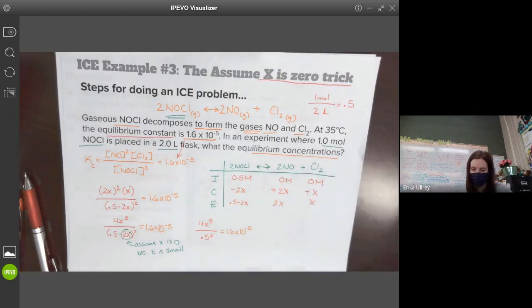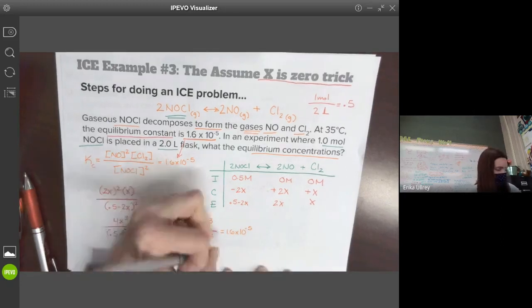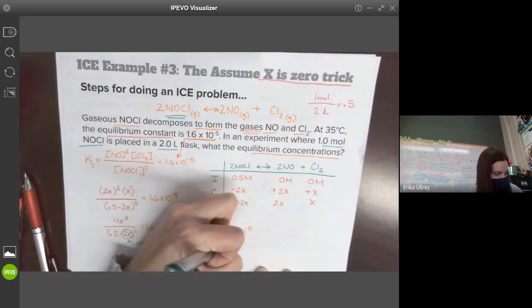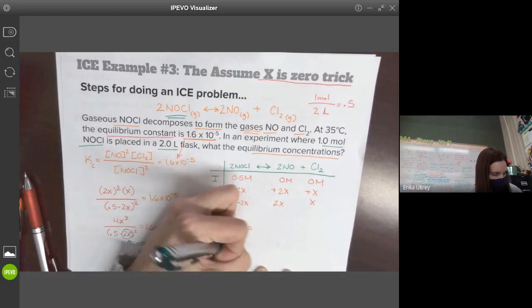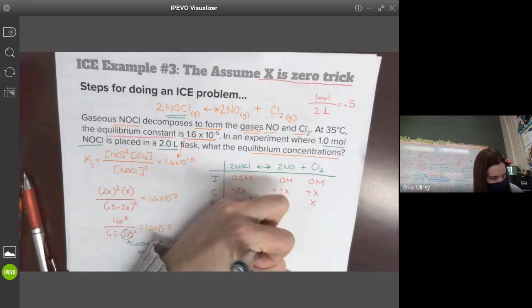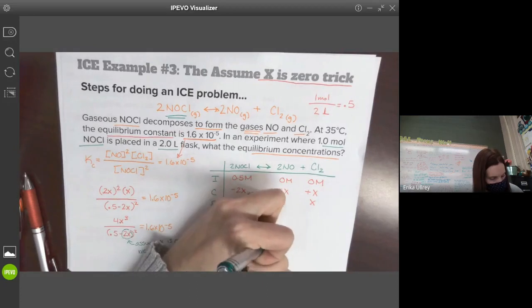And we can go through and we would solve. So when you do that, 0.5 squared is 0.25, right? So we would end up with 0.25 times 1.6 times 10 to the negative fifth is equal to 4x cubed.